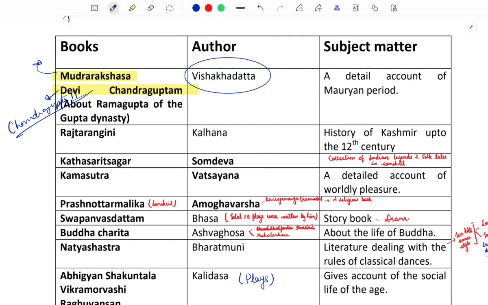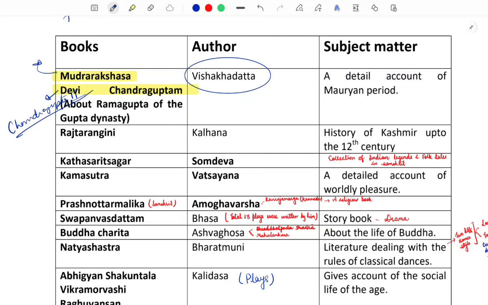In quest of getting back the whole empire or the part of the empire which was taken away by them, and also his brother's wife, Chandragupta II went on an expedition.